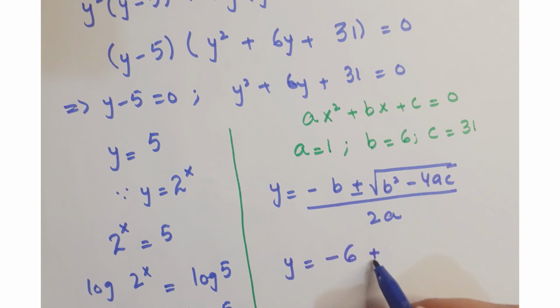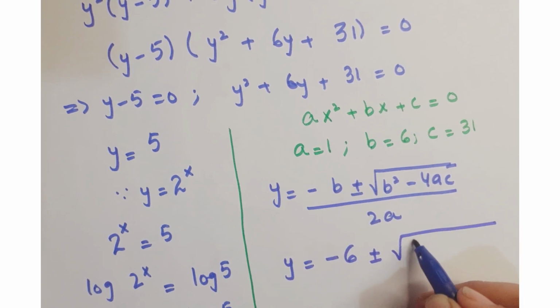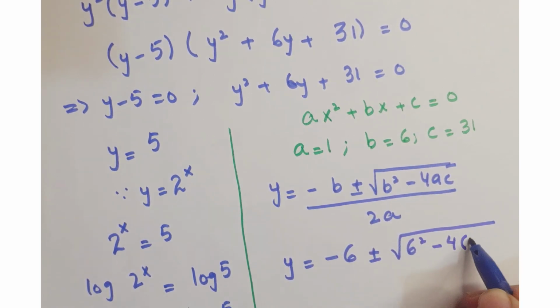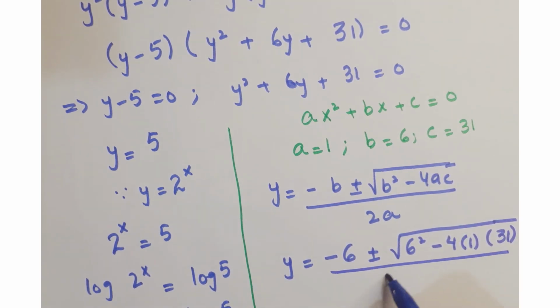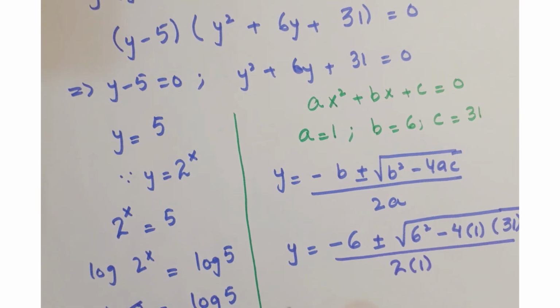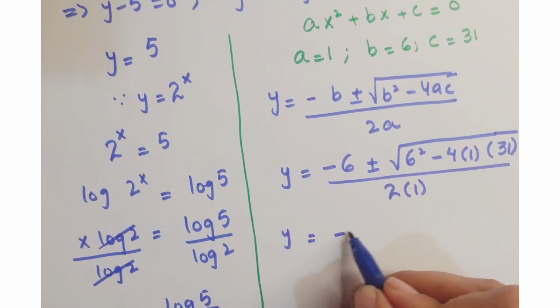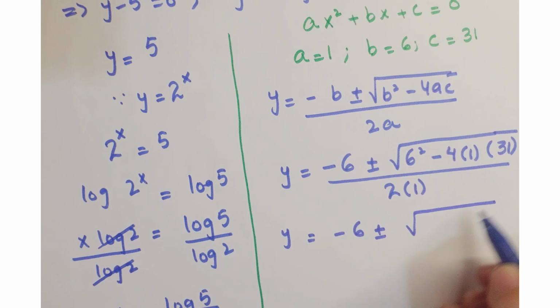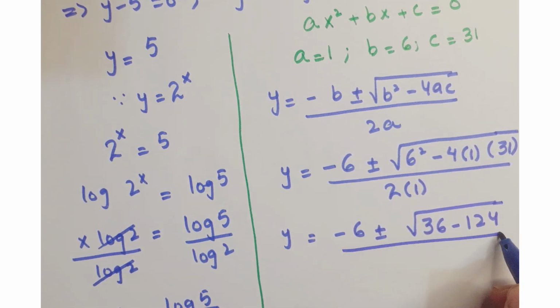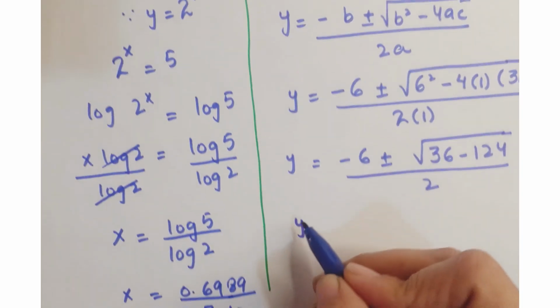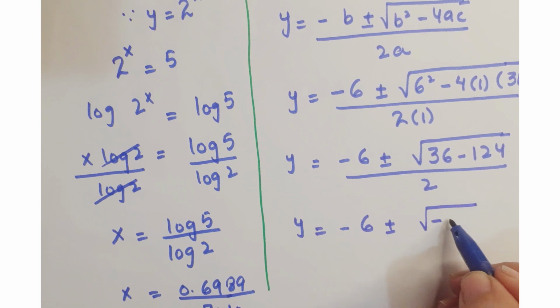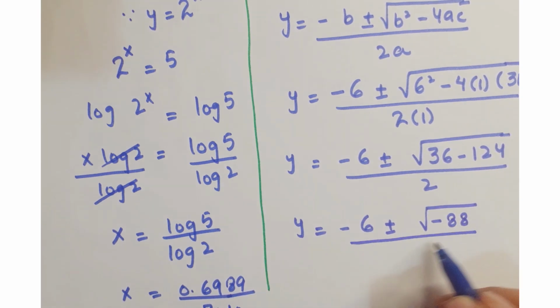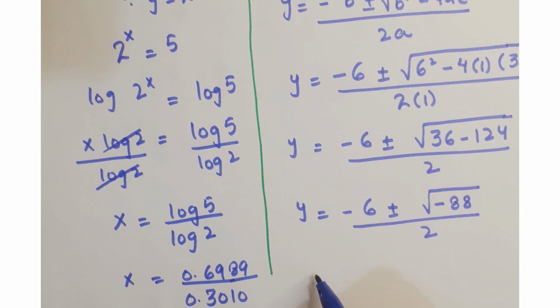So here b is 6, it's 6 square minus 4 into 1 into 31 upon 2 into 1. Further, y is equal to minus 6 plus minus under root 36 minus 124 upon 2, or you can write it as y is equal to minus 6 plus minus under root minus 88 upon 2.